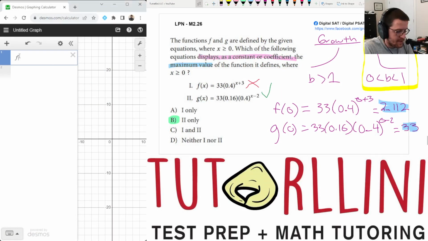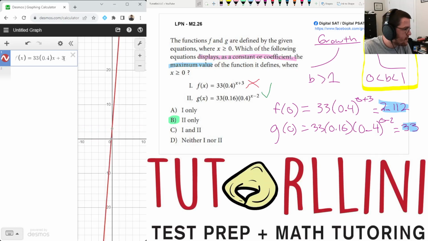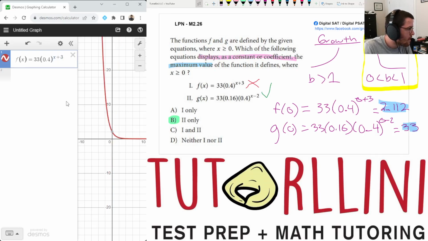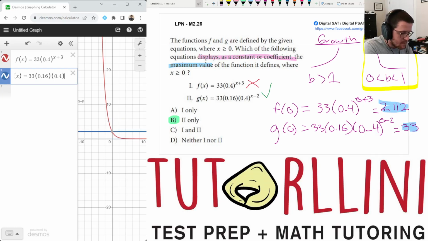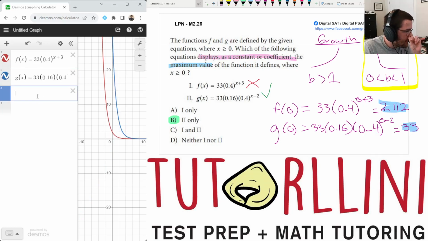So I'm going to type in f of x equals 33, 0.4, x plus 3, and then g of x equals 33, 0.16, 0.4, x minus 2, and you see it kind of shows me the whole thing.